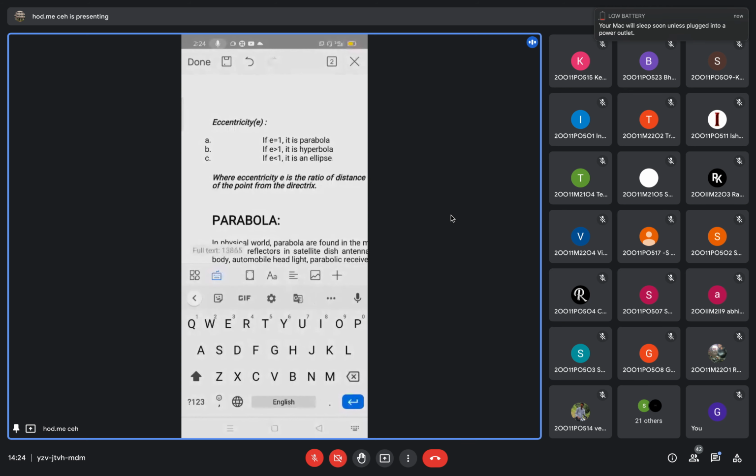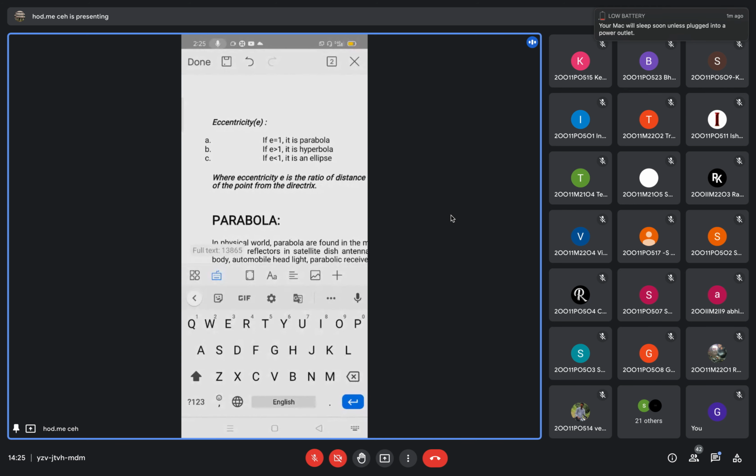These result from the cutting plane, and are defined as a plane curve with a moving point with reference to a fixed point, known as the focus point, and a fixed straight line, the directrix.